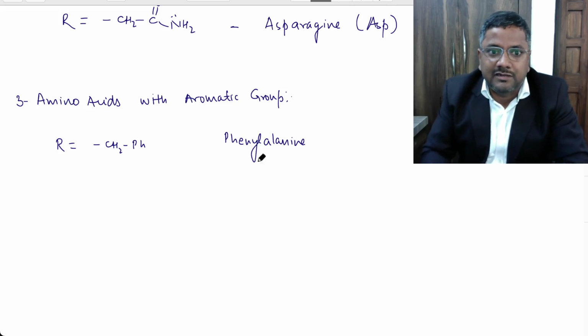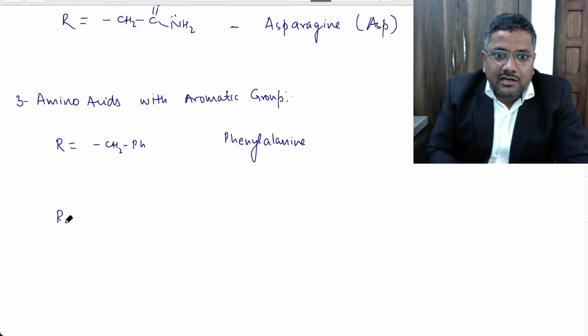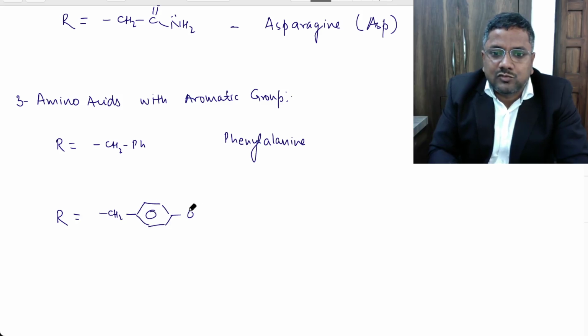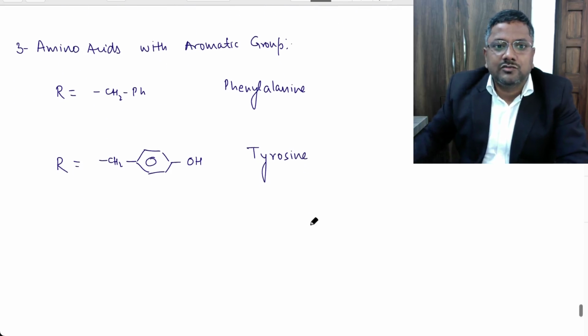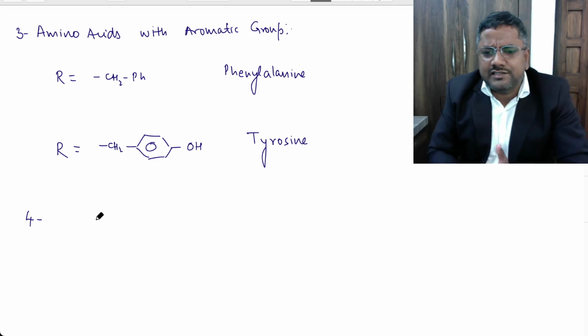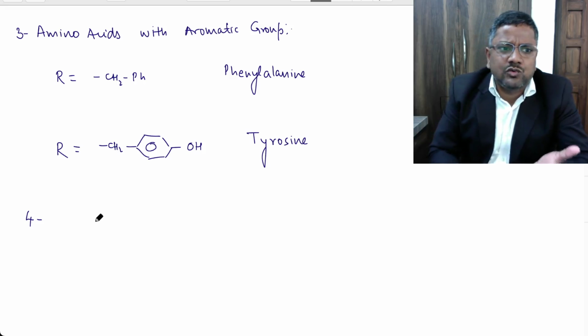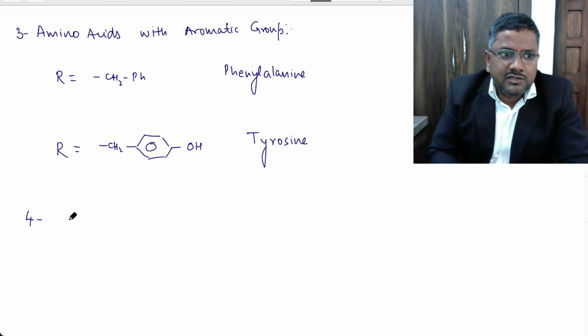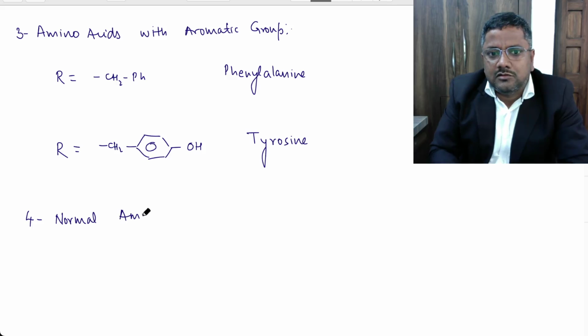So be careful. When R is equal to CH2OH, then this is tyrosine, right? So the fourth one is normal amino acids, having only one NH2 group and COOH group.